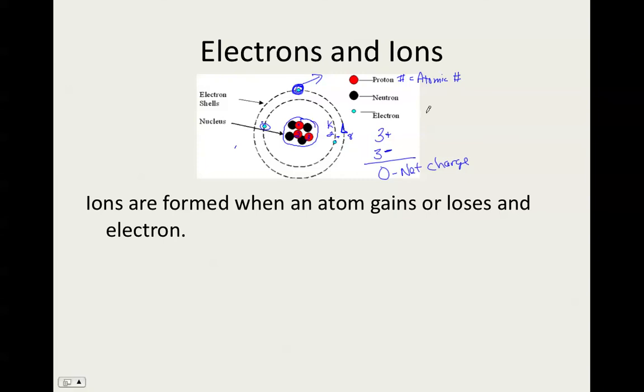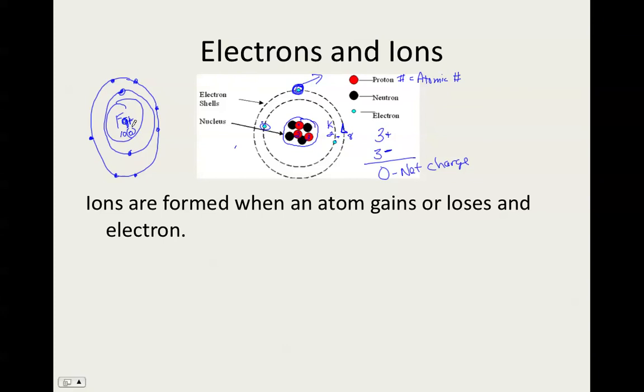Other atoms, such as fluorine, okay, a fluorine atom has 9 protons and 9 electrons surrounding it. It actually has 10 neutrons. It says 9 protons, 10 neutrons, and 1, 2, 3, 4, 5, 6, 7, 8, 9 electrons.